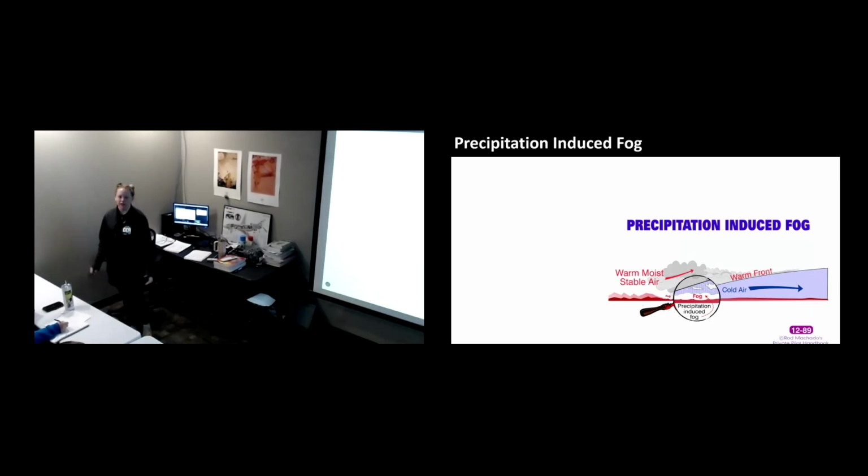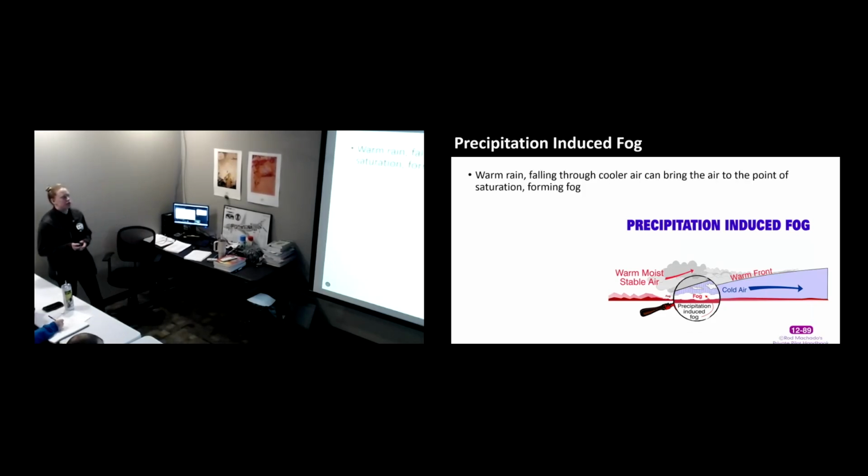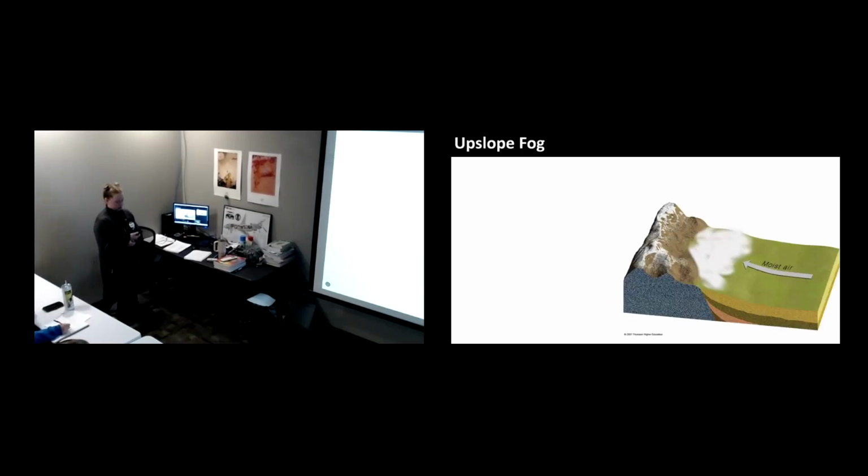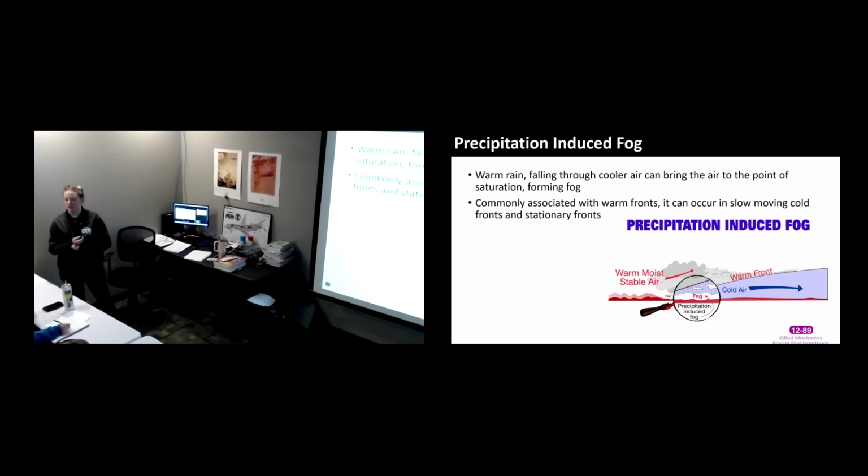Precipitation induced fog. It's been steamy outside when it rains, right? That's probably your precipitation induced fog. Warm rain falls through cold air and brings fog. It's associated with warm fronts and can occur in slow moving cold fronts and stationary fronts. Notice there's not as much on this one.